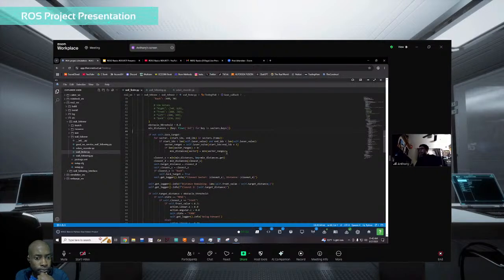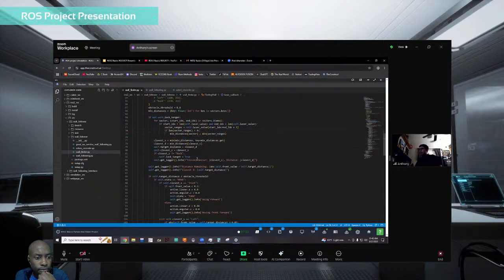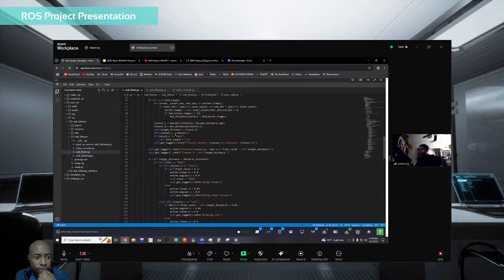Going through this logic, it finds the closest sector and puts it into this closest S variable. As long as it does not equal back, it will get started into the rest of the logic. But if it does equal back, I wanted it to keep moving until it found either a front, left, or right value.